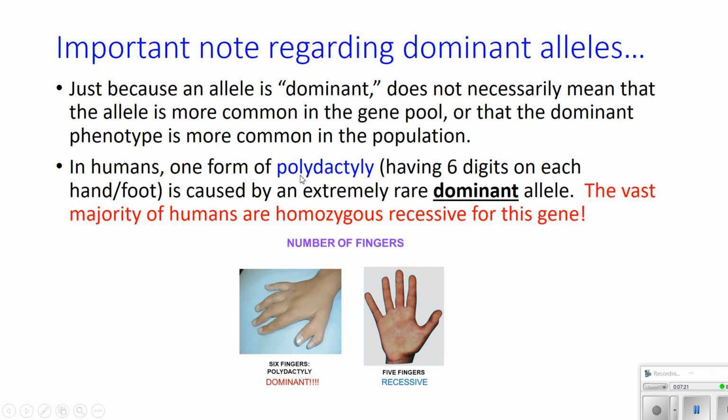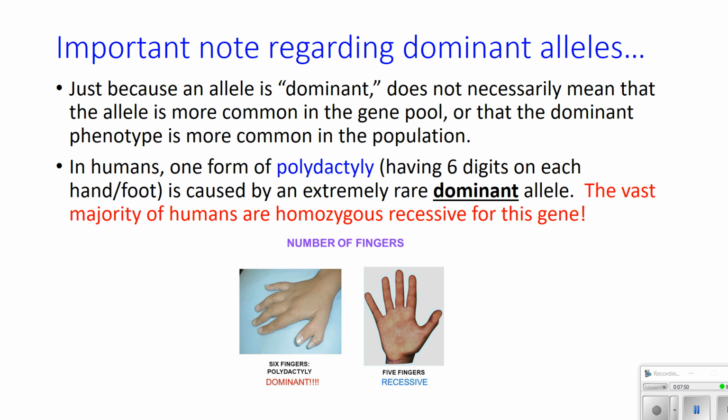In humans, there's a condition called polydactyly, poly meaning many, dactyly meaning digits or fingers. Polydactyly is an inherited characteristic where a person is born having either 6 fingers on a hand or 6 toes on a foot. So it's an extra digit, or at least one extra digit.